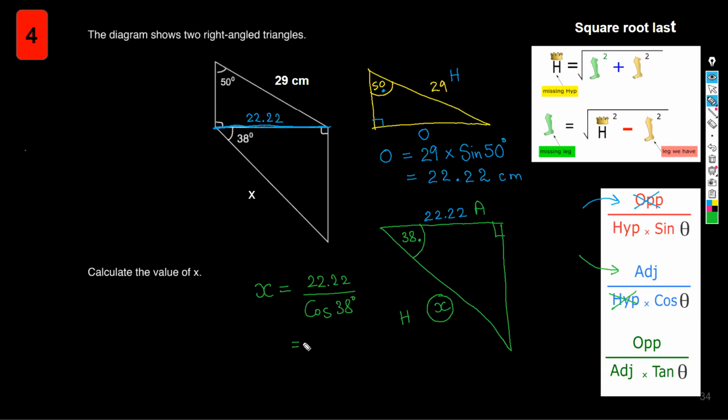So if we do that, 22.22 divided by cosine 38, and we'll get roughly 28.1975. But if we round this off to 2 decimal places, we'll get 28.20, and we have to put centimeters for our final answer. So that is the value of x.